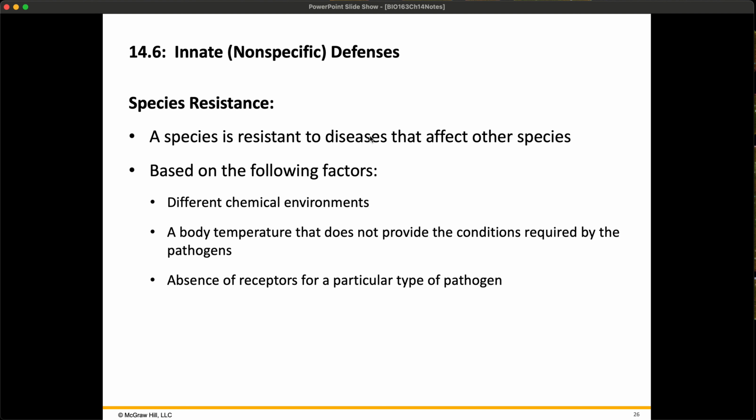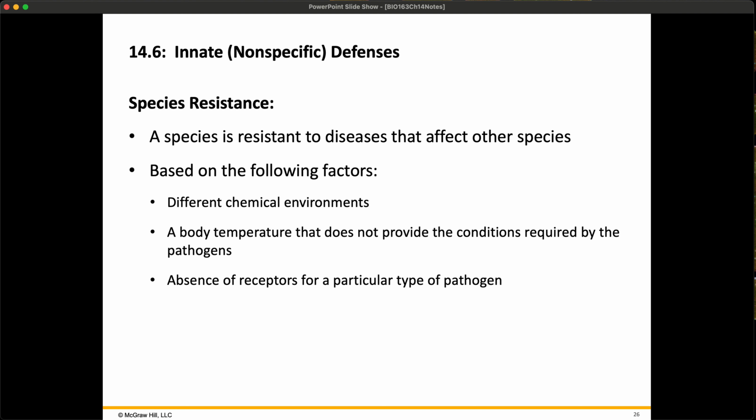So, species resistance. This is a disease that affects other species. Some things we just have natural resistance to that could be deadly for dogs or cats. This can be different chemical environments. Some of the chemicals that we produce are different from the ones a dog might produce.